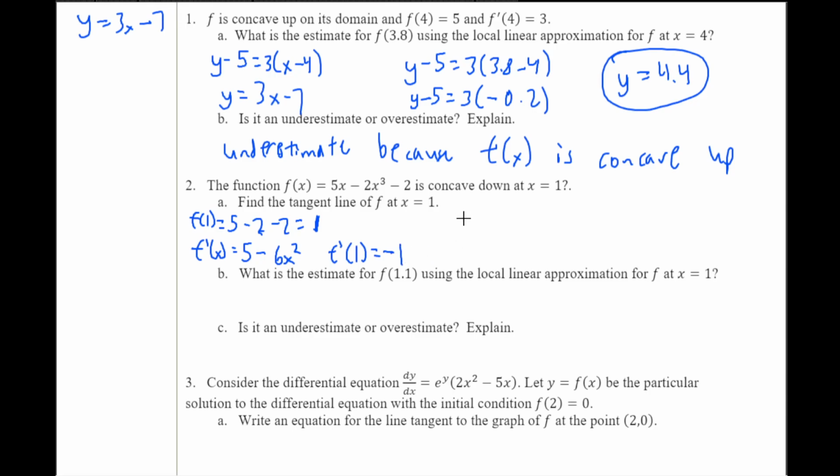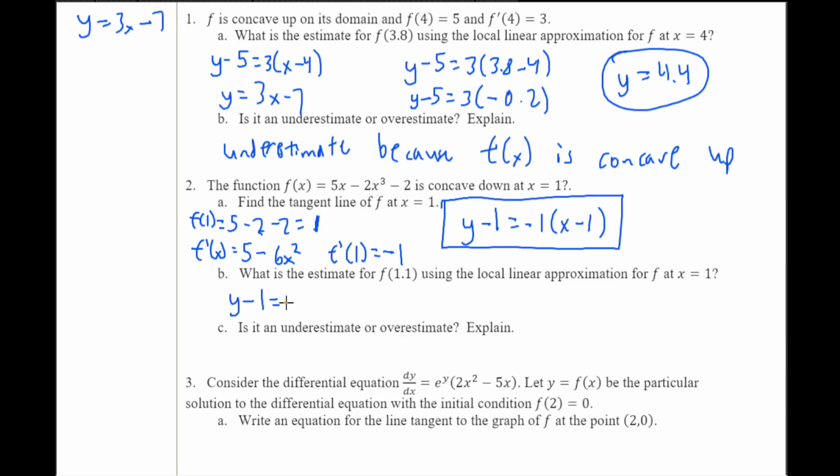Now we can write the equation of the tangent line. Y minus 1 is equal to negative 1 times parentheses x minus 1. That's your equation of the tangent line. So what's the estimate for f of 1.1 using the local linear approximation? You just plug in 1.1.